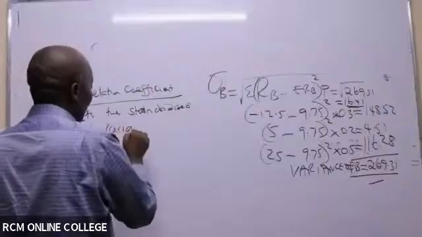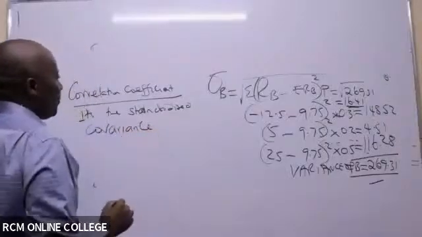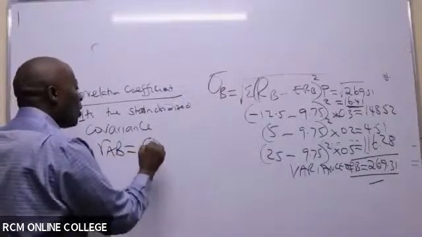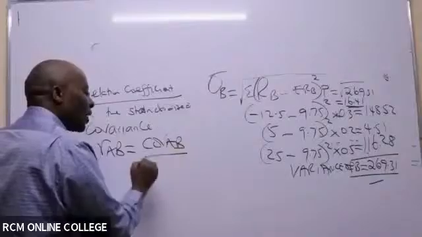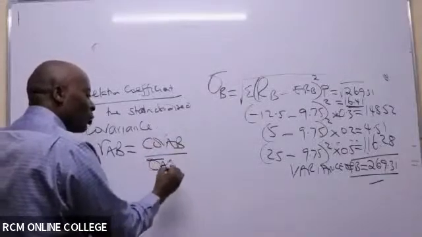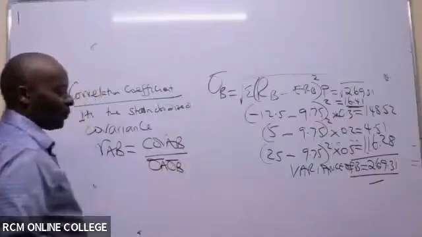If they tell me to give them the correlation between A and B, I will remember it's standardized covariance. So basically take the covariance you have, you divide this by the respective standard deviations.